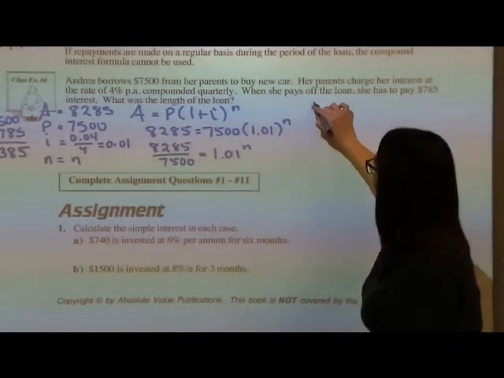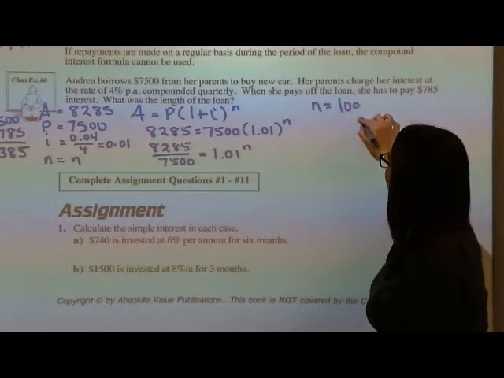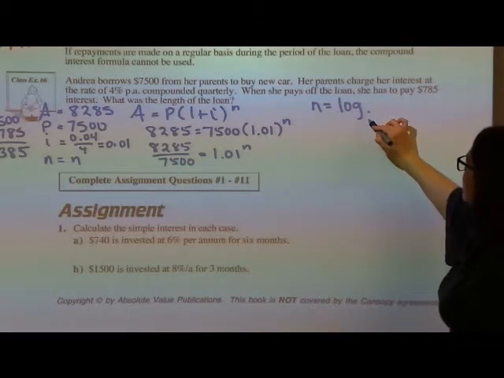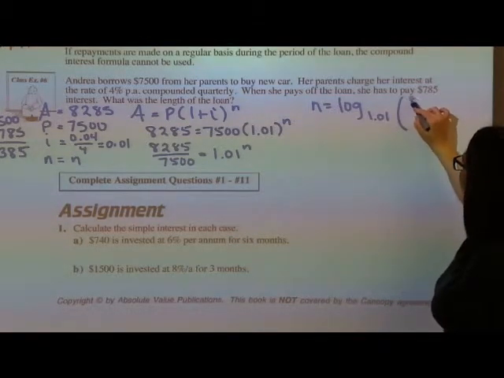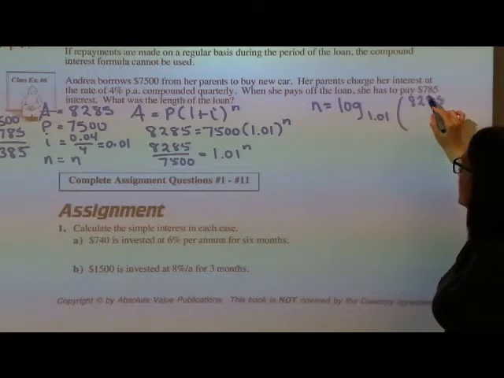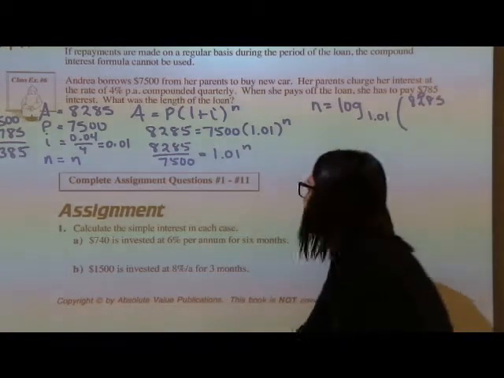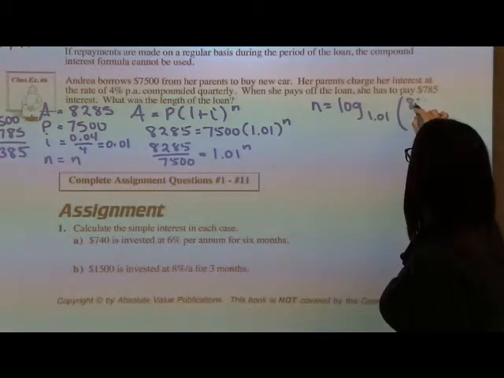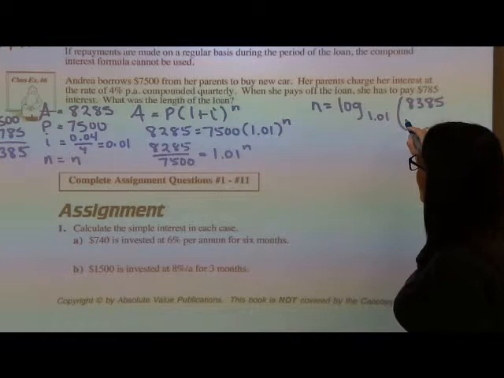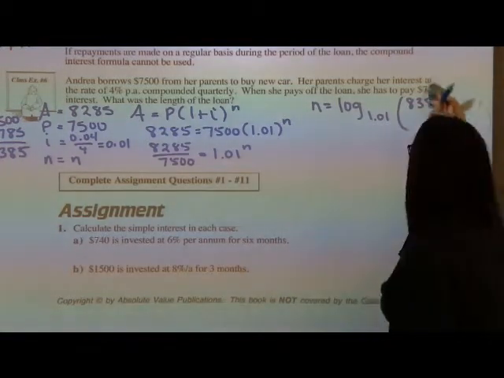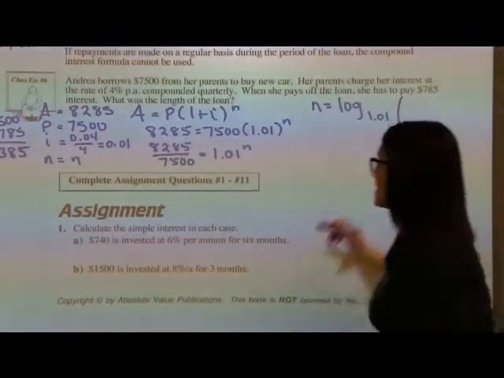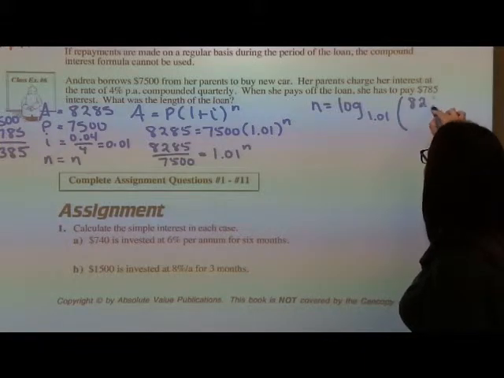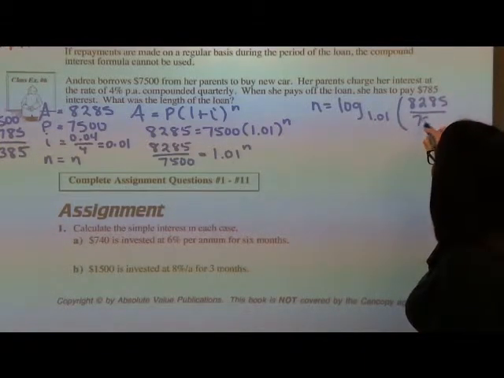So then n would equal, what's the base of my log? 1.01. And then I have the 83, 85. Erase that. That was my mistake. 82, 85. Some places I can add, some places I can't. 82, 85 divided by 7,500.